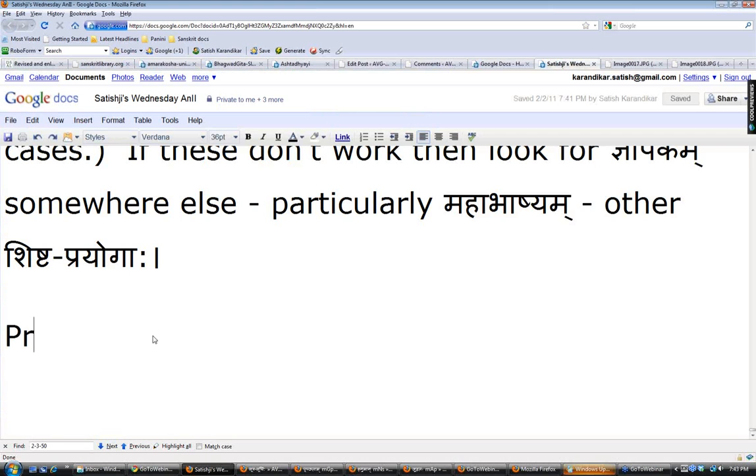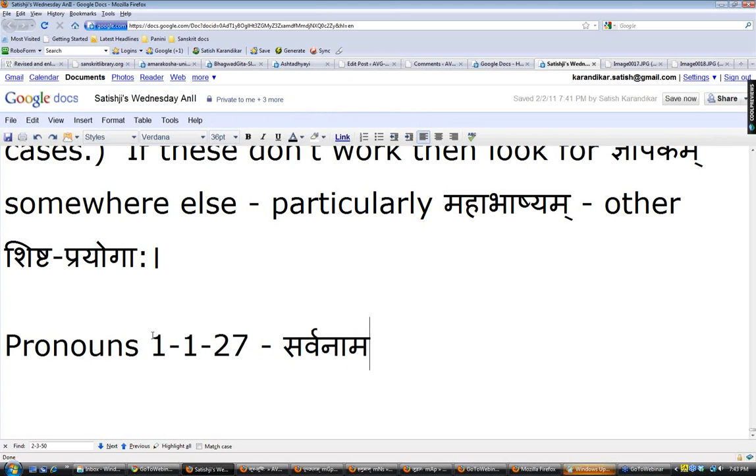So when you say pronouns, you have to look at 1.1.27, which is Sarvadini Sarvanamani. Sarvanama Shabdaha, Sarvanam because, as in the English word pronoun, it stands for a noun. So these are standing as proxy.